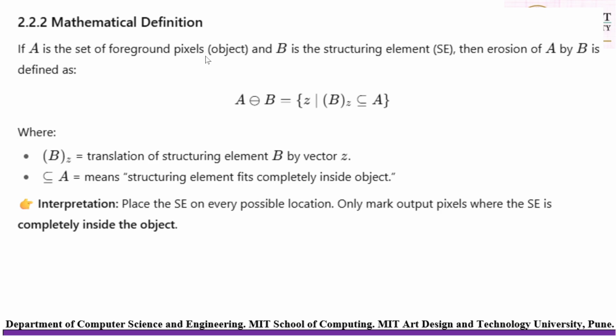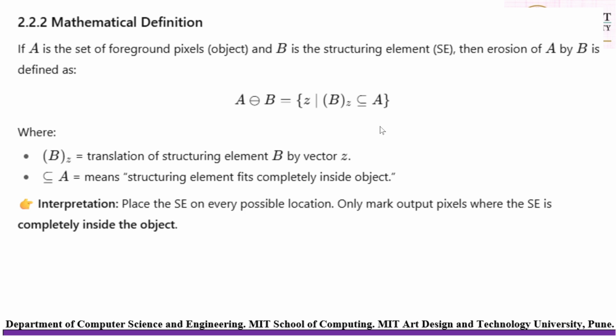The mathematical definition of this is, let us say, suppose A is the set of foreground pixels that denotes the object, and B is the structuring element. Then erosion on set A with respect to the structure B is given with this symbol. This is the standard symbol for denoting the erosion.